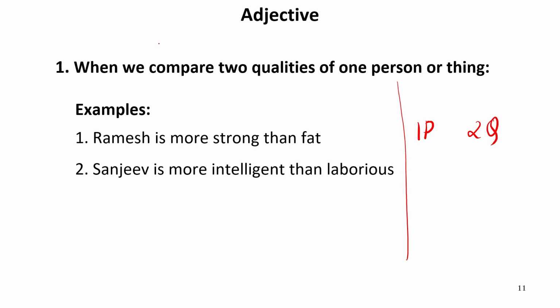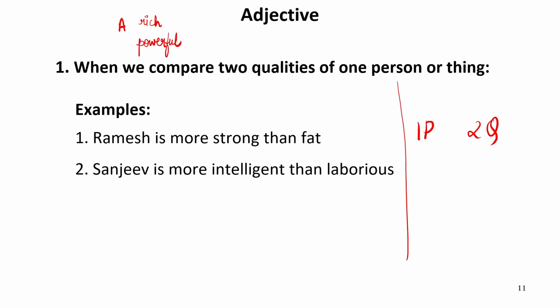Suppose I say that there is a person A, he is very rich and he is powerful too, but he is more powerful. It means though he is rich as well, his power is more, or you can say he is more in power. So there are two qualities of A, that is rich and powerful, and I'm comparing both of these qualities.